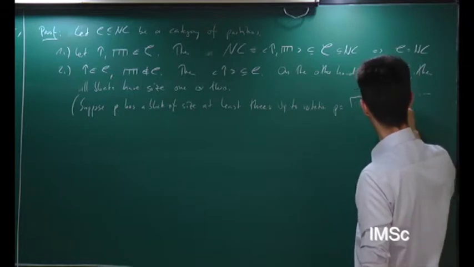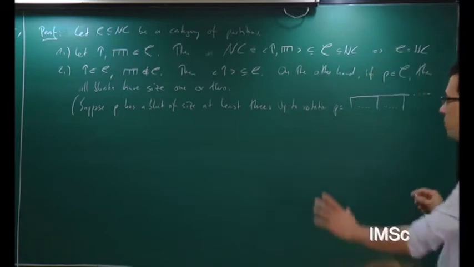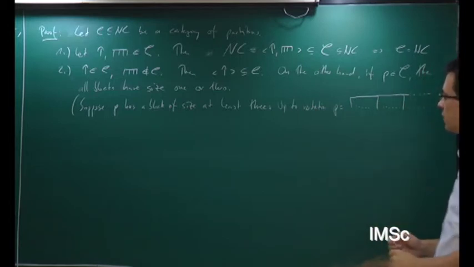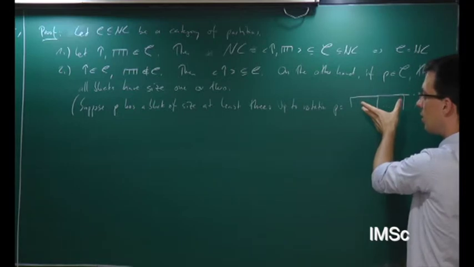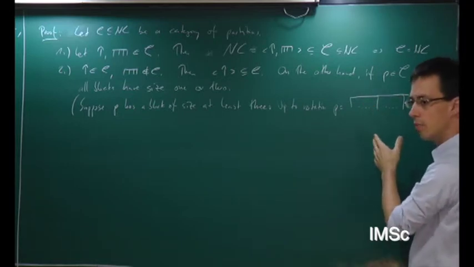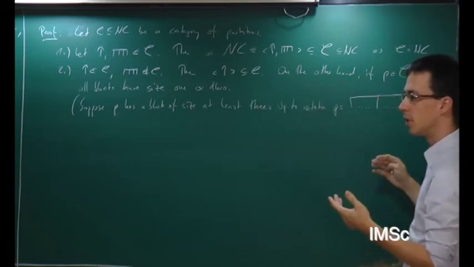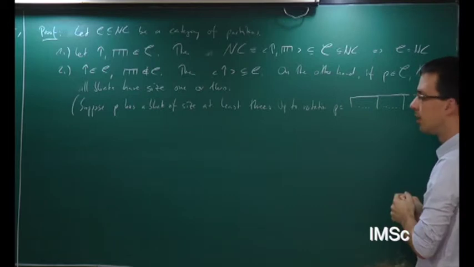And here are some points, some points, some points. So P has a block of size 3 or more. So I can rotate all upper points to the lower line. And this partition will again be in C. So there's definitely one partition having no upper points, only lower points, a block of size 3.